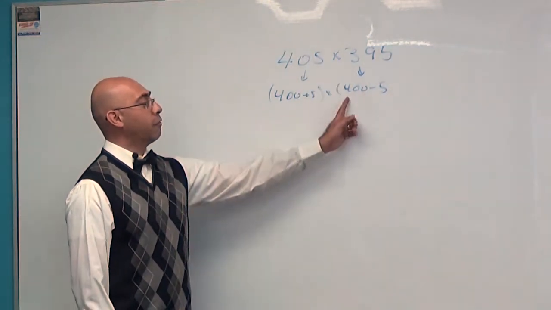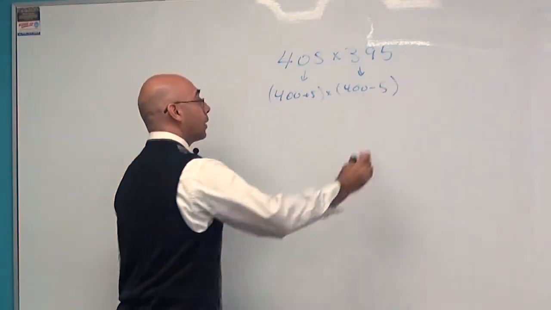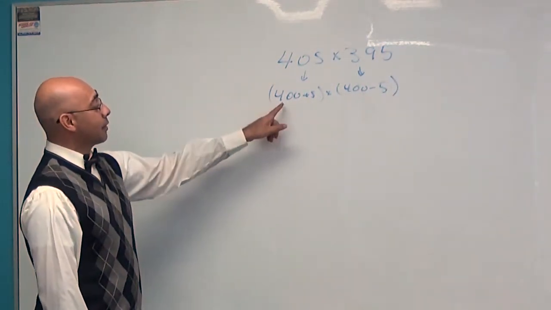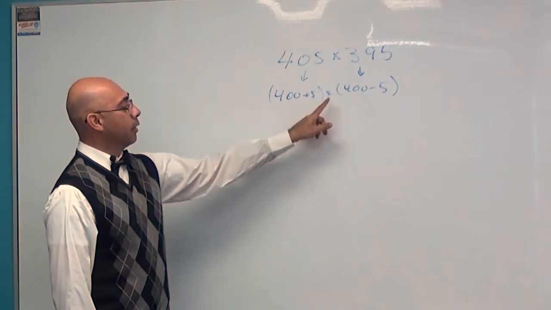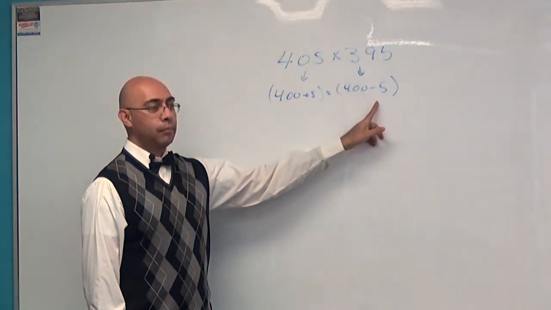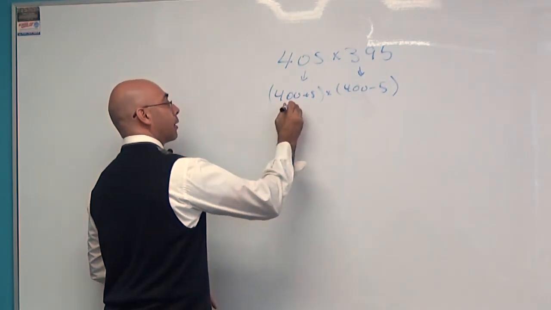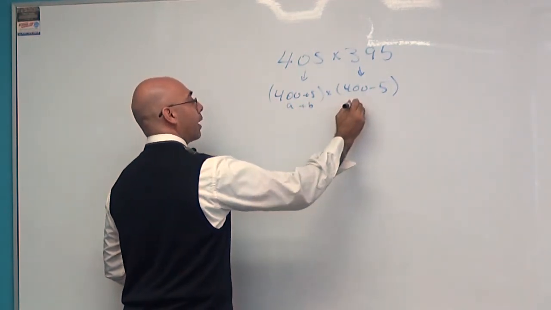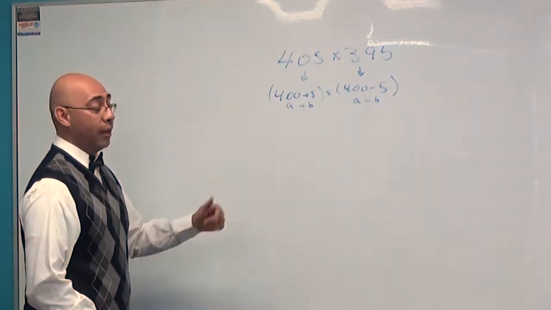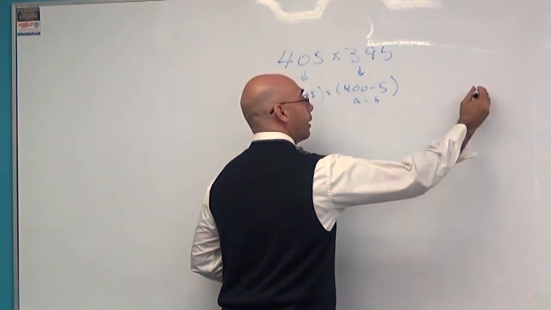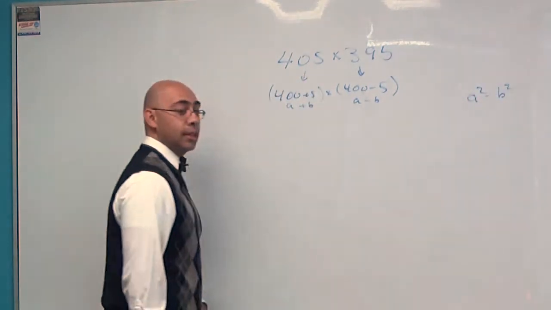Isn't 395 400 minus 5? So now all you need to do is this is like saying a plus b and a minus b. So you can use this idea. So this is like saying a plus b times a minus b. And we already know that's going to be a squared minus b squared because we just did that, right?